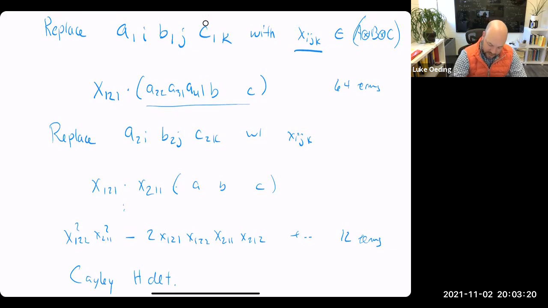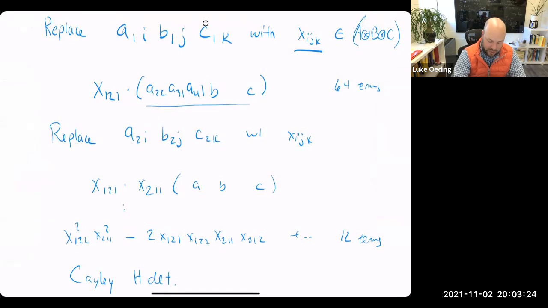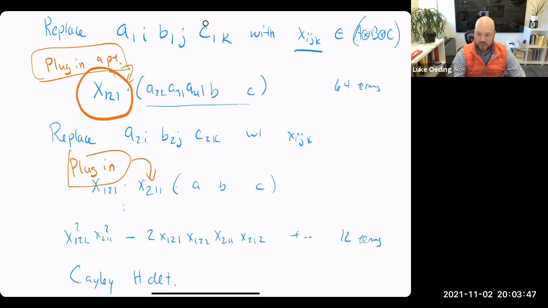But also you can convert this algorithm into an evaluation algorithm as well, because as soon as I have something here, if I want to evaluate this at a point, I can plug in. So if I plug in a point at this stage, I can also plug in to this one here. For every time I see one of those variables, I might as well put the coordinates of the point that I want to evaluate at.